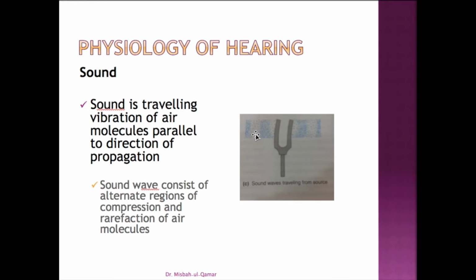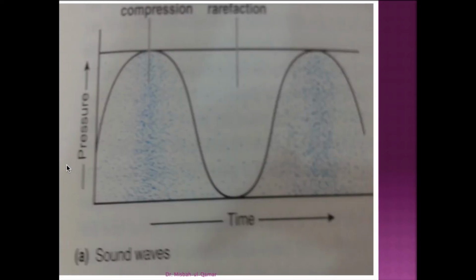Any device that produces such pattern of vibrations becomes a source of sound. Here in this figure, you can easily see the areas of compression of air molecules and the areas where the air molecules are dispersed. So the sound wave consists of these alternate regions of compression and rarefaction.